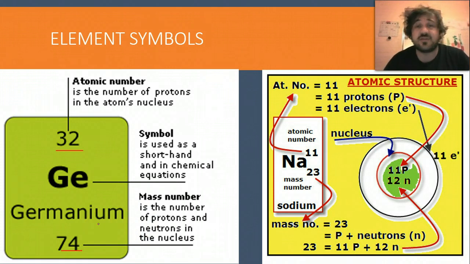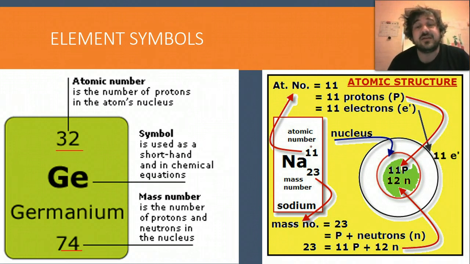Now this one's 74, a nice round number. So the atomic number is the number of protons and the number of electrons. Protons and electrons are the same, generally, unless we're talking about ions, and it's the protons which define the atom.